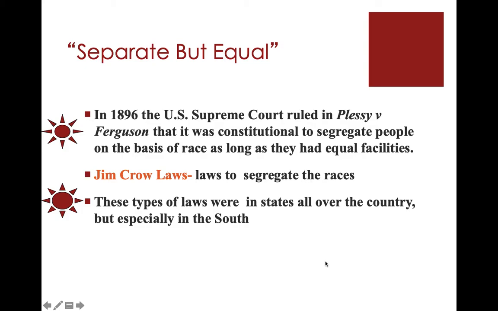We think about it specifically within the southern states, but really it was all across the country. Many states had segregationist laws in place, all of it based on the interpretation from 1896 that you could separate and segregate as long as the facilities were equal in nature. All this collectively falls under the label of Jim Crow laws.